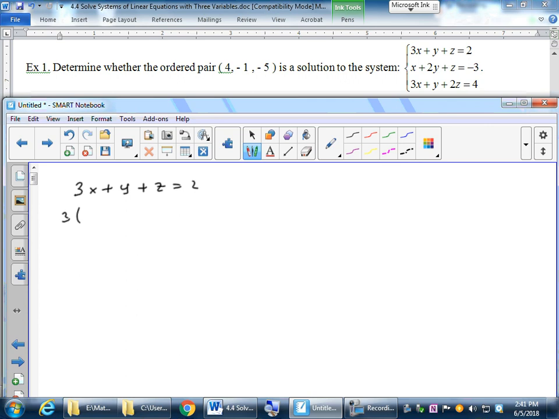So 3 times 4 plus -1 plus -5, does it equal 2? This gives us 12 plus -6 equal to 2. And you can see right away 6 does not equal 2. If one equation is not satisfied, then we can stop. Therefore, (4, -1, -5) is not a solution.